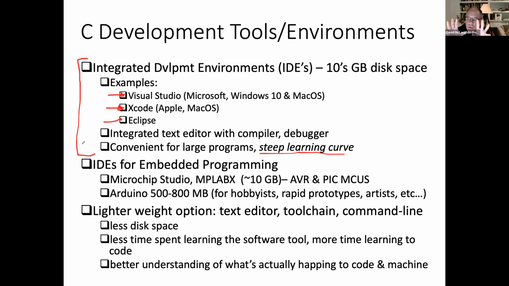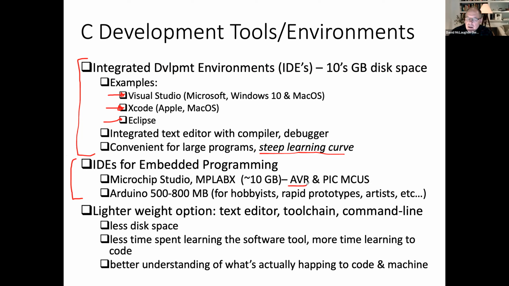In addition to those kinds of environments, which exist for writing all kinds of apps on all kinds of platforms, there are also integrated development environments specifically for embedded programming. The microcontrollers we're going to use, the ATmega328P chip, which is the brain inside of an Arduino Uno, is called the AVR processor.